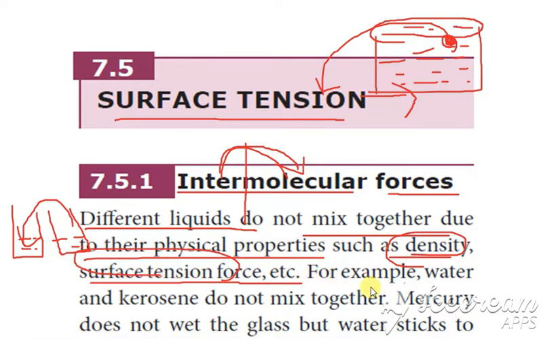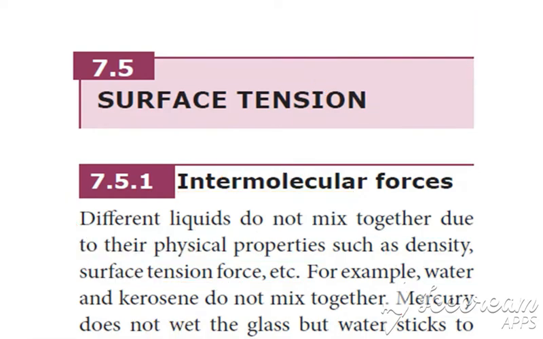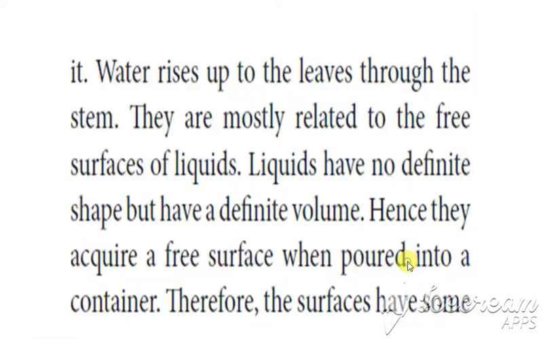An example is water and kerosene, they do not mix together, is it not? Because of density as well as surface tension. Next, mercury does not wet the glass, but water sticks to it.